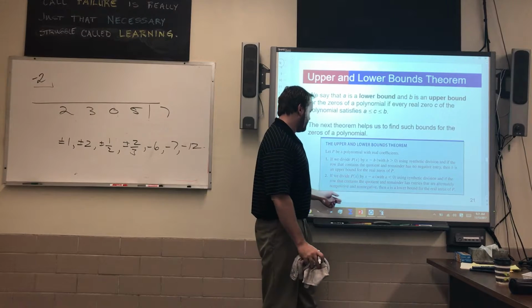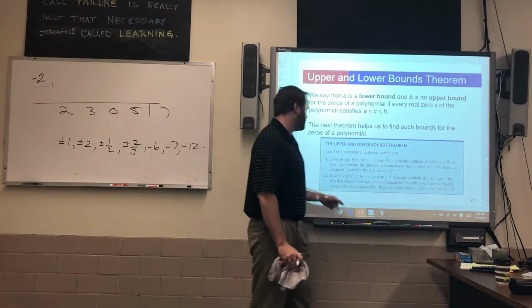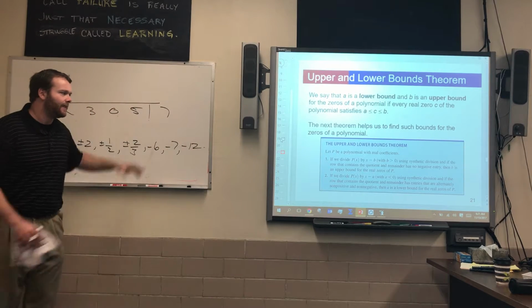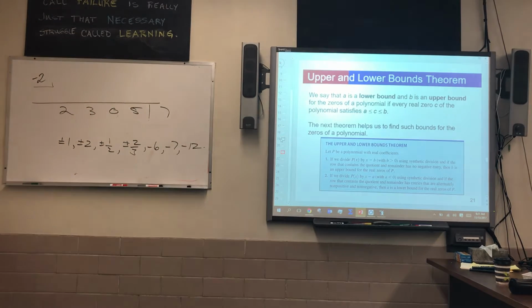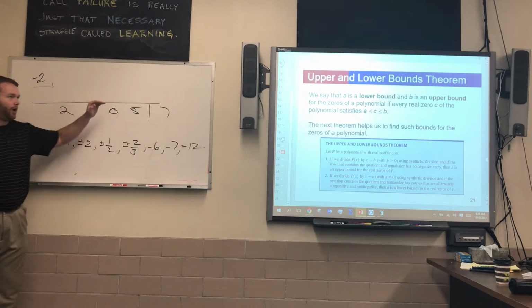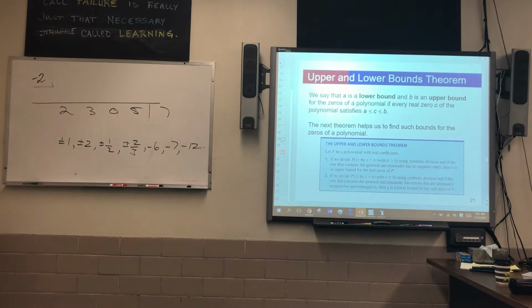It says using synthetic division, if the row that contains the quotient, so again this row here, has entries that are alternately non-positive and non-negative. It's kind of a weird way of saying it, but what it's saying is that as long as your row alternates plus or minus, you're going to have a lower bound.